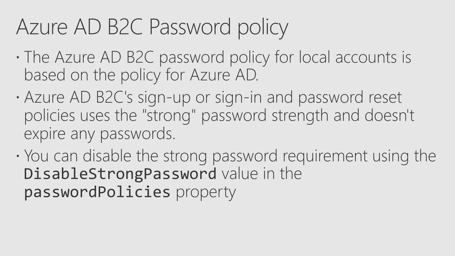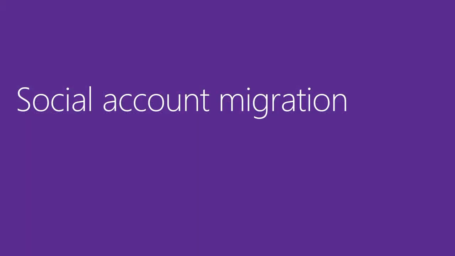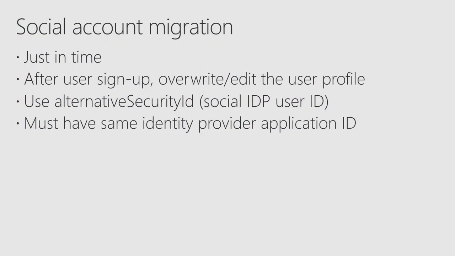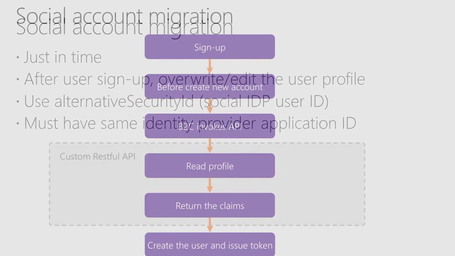Social migrations. Okay, there's no direct migration path for a social migration. What we can do with social accounts is update the social account after the first sign up using this flow.